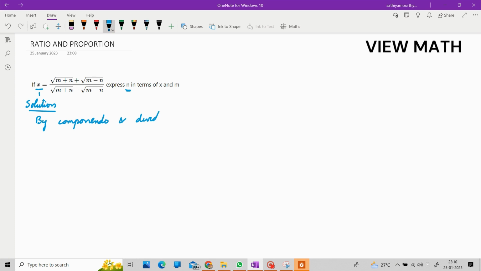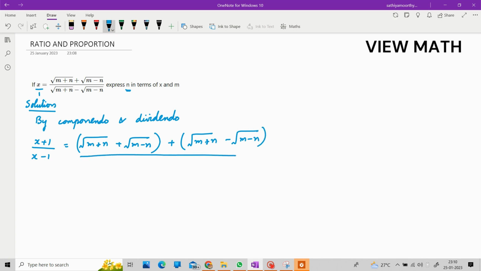We get (x + 1)/(x - 1) equal to [(square root of (m + n) + square root of (m - n)) + (square root of (m + n) - square root of (m - n))] divided by [(square root of (m + n) + square root of (m - n)) - (square root of (m + n) - square root of (m - n))]. So now let me simplify this.